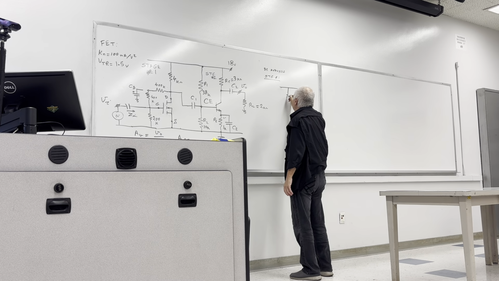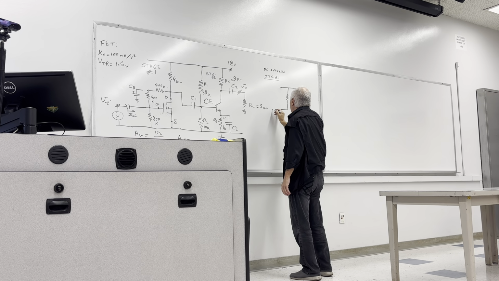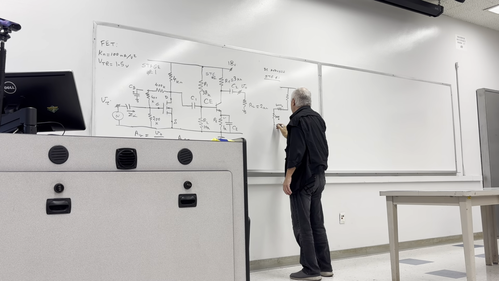Here. You have 4K. You have 400K here. Another 400K that goes in series with it. So effectively it's like 800K going to the gate.